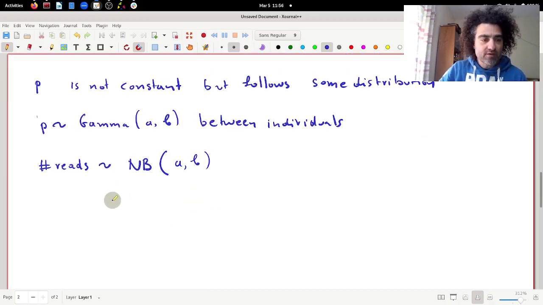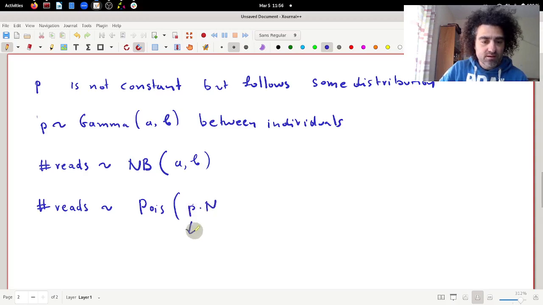Or to put it in other words, the number of reads, which will be easier I think to understand, follows something like a Poisson, but this probability, this is the rate of the Poisson, this is lambda equals this number, but this number here is not constant, but follows a gamma.